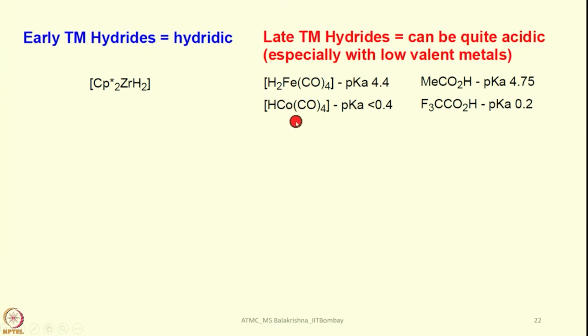And then if you go for this one, where we have Co(CO)4 and H, this one's pKa is 0.4, that means it is quite acidic, very similar to what we have in trifluoroacetic acid. So, pKa values will give some idea about to what extent metal bound hydrogen is acidic or not. And that also helps in using such compounds in catalytic transformations.